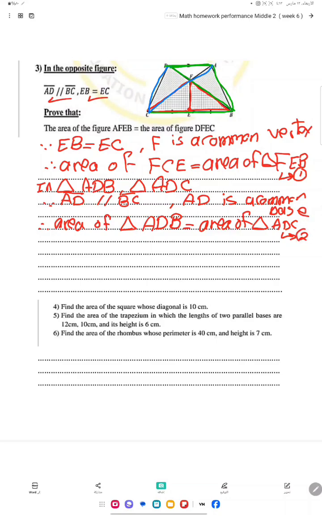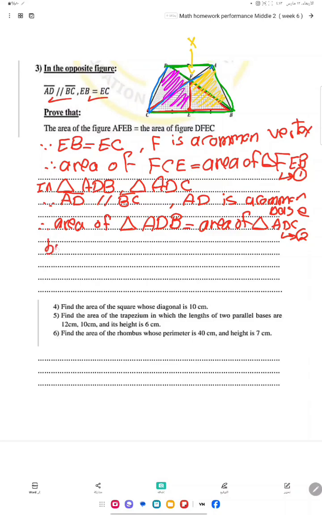Okay, now what does he want to get? He wants to prove the area of the figure ABEF equals the area of the figure DFEC. Okay, do you need this part which is in the upper? No, we don't need it. We only want to get the area of this part and the area of this part. So let's subtract the triangle AFD from number 2, to get only the second part.